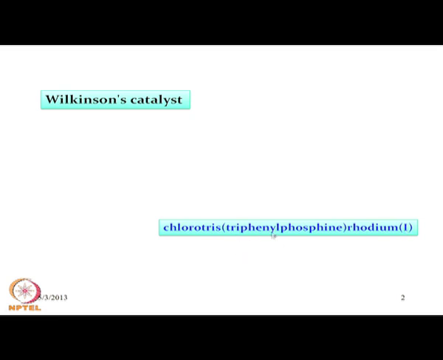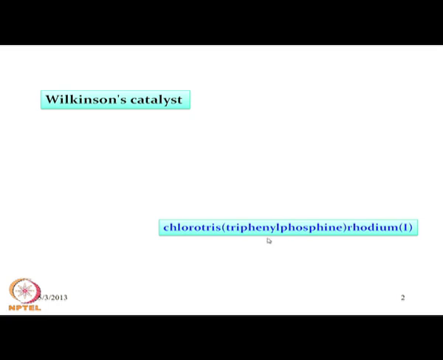But in this particular case, this is a different situation. Instead of going to the 0 oxidation state, we go to a +1 oxidation state using the metal ion rhodium, and that is why the compound has one chloride anion as the ligand, and the 3 other positions are occupied by 3 triphenyl phosphine molecules.